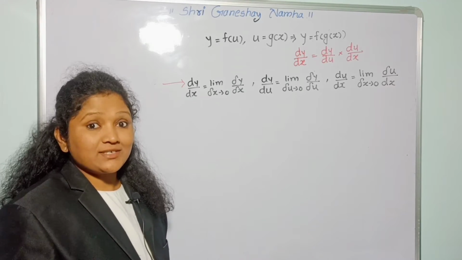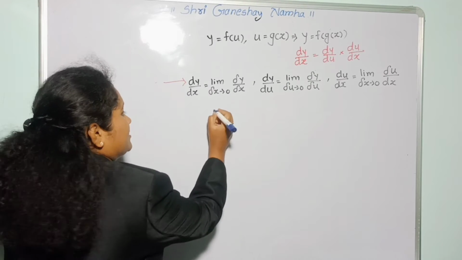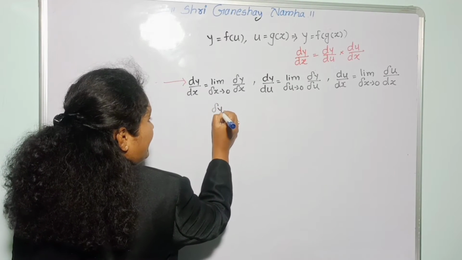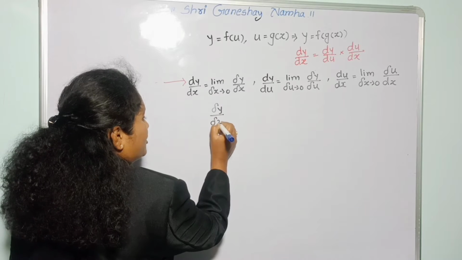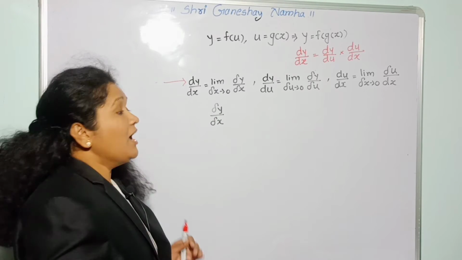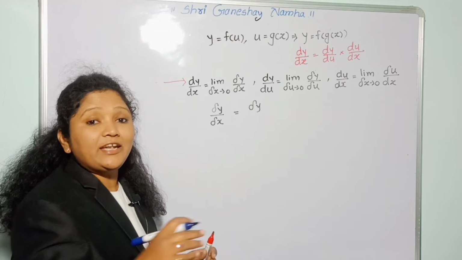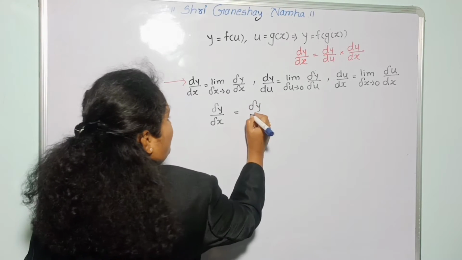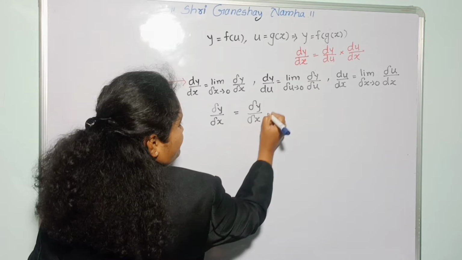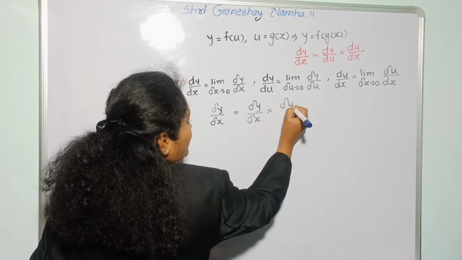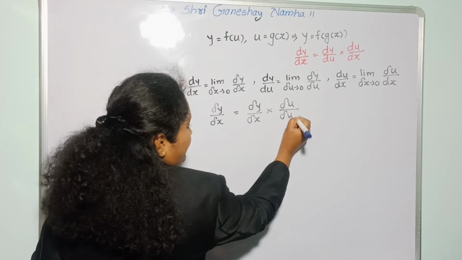Now we will consider delta y upon delta x. We will adjust it: multiply and divide by delta u. Delta y upon delta x multiplied by delta u divided by delta u.